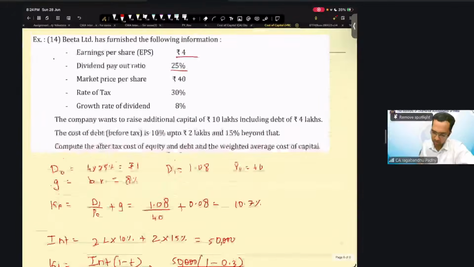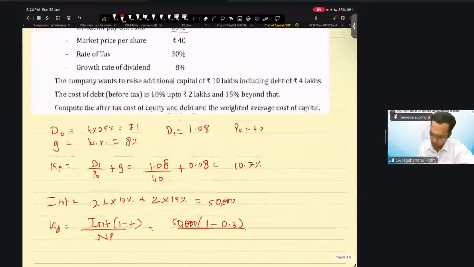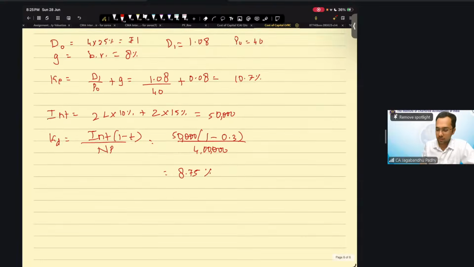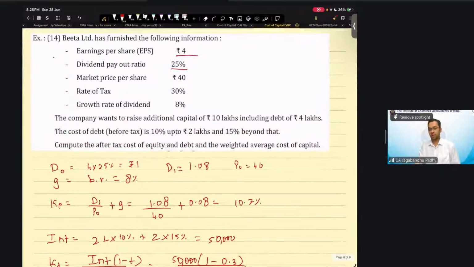Net proceeds is 4 lakh. 50,000 into 0.7 divided by 4 lakh is 8.75%. If the question says that the earnings or dividend is for the next year, or the next expected dividend is so and so, then you have to take D1. Otherwise, you can take it as D0.